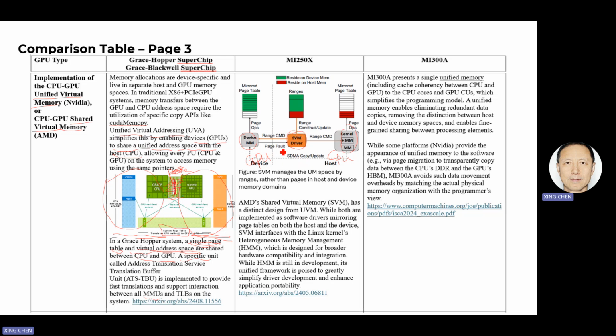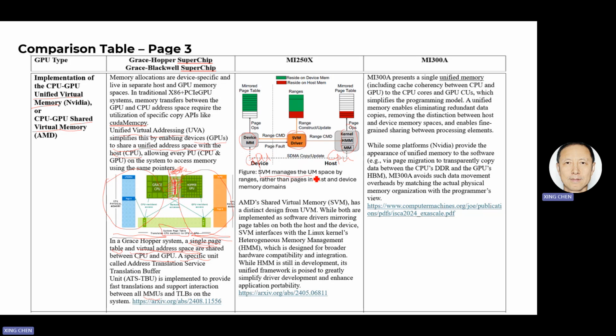This is what SVM is doing, and it gives the programmer the feeling that you have only one page table. Basically, you have two.